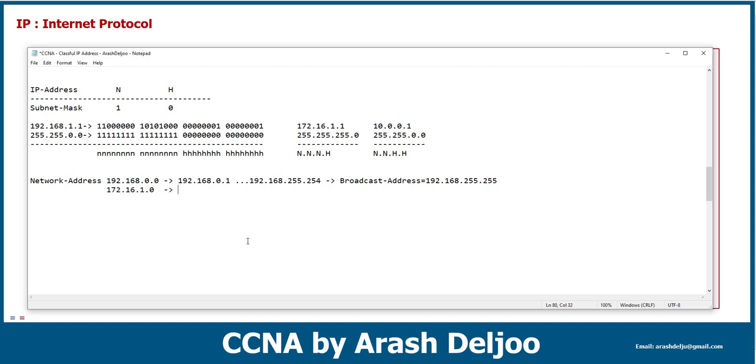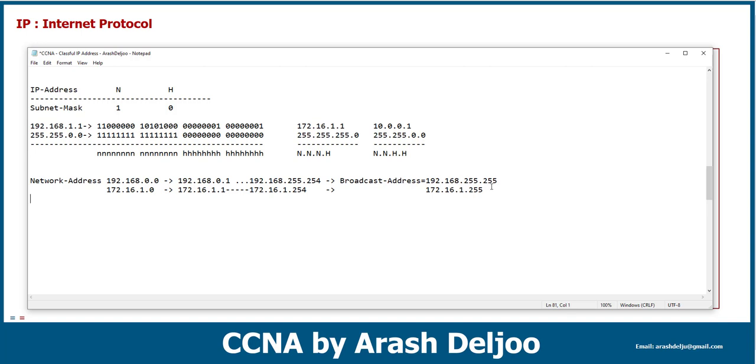After that we have the host addresses, for example 172.16.1.1 until we reach 172.16.1.254. After that, the broadcast address is 172.16.1.255. We used 1 in all of the host bits.